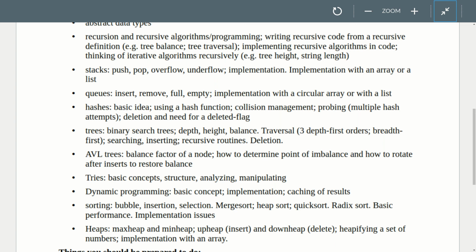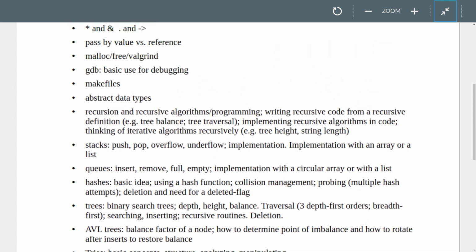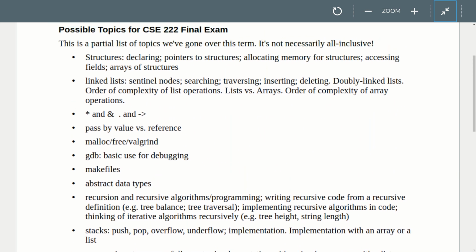And then everything else, right, we're well into the first half of the course already, and stuff that was discussed for the midterm. So recursion, recursive algorithms and programming, abstract data types, right, the idea of separating how the user deals with a data type versus how it's actually implemented. So the user view is looking at it as an abstract data type.